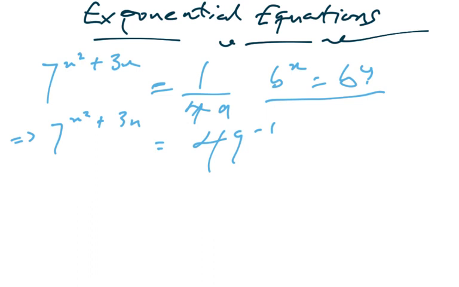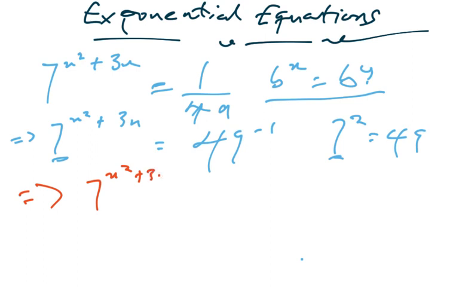Now, how do we change 49 to have the same base as 7? We know that 7 squared is equal to 49. You get it? So we are going to get 7 exponent x squared plus 3x equal to 7 exponent negative 2.